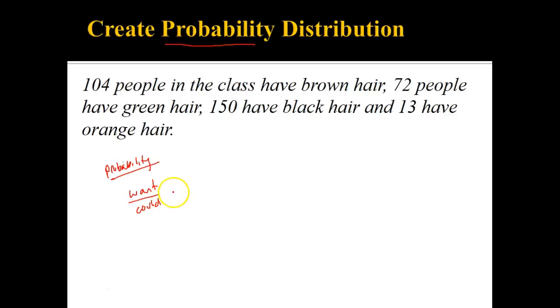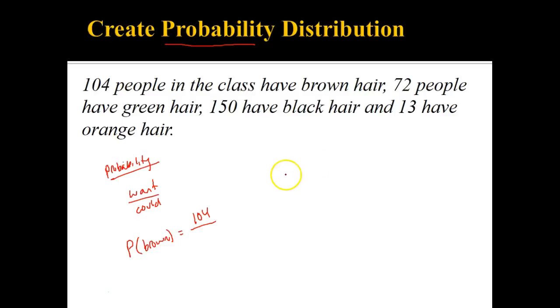So if we want to find the probability of brown hair, then what we want to happen is we want to pick somebody with brown hair. There's 104 people to choose from with brown hair. And what could happen is you could pick anyone in the whole class.